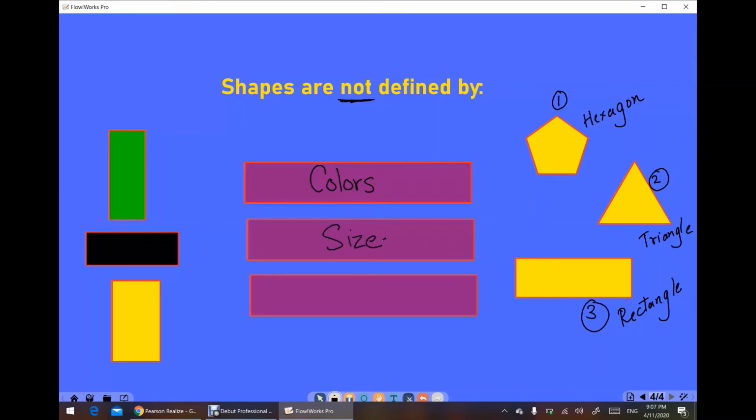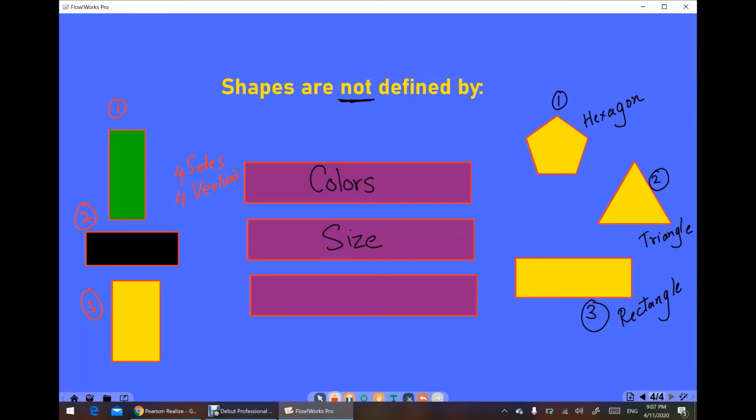Now let's see here on the left side. They are all rectangles, right? Are they all of the same size? No, they are not the same size, but they are still rectangles. Why? Because they all have 4 sides and 4 vertices.